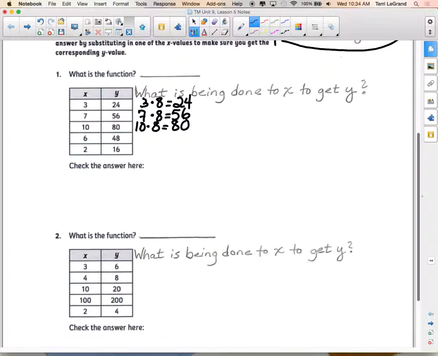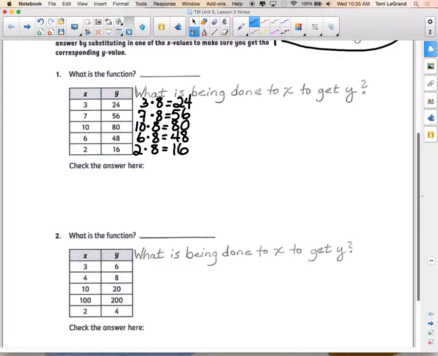I want you writing these down. The next input in the table is 6. If we take our 6 times 8, we actually get 48. Okay. And our last input is 2, multiply by that 8. What's that? 16. Okay. So that seems to be the rule, isn't it? Multiply the input by 8 and you will get the output.